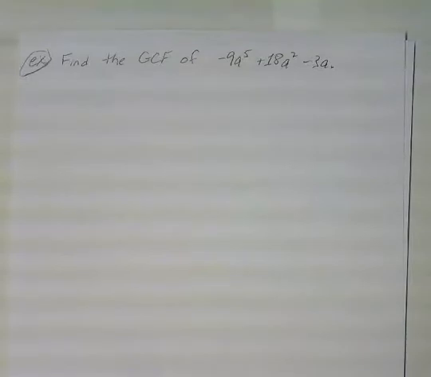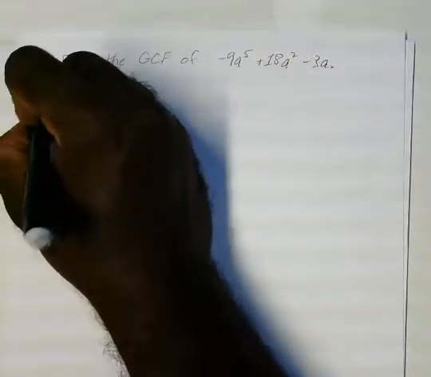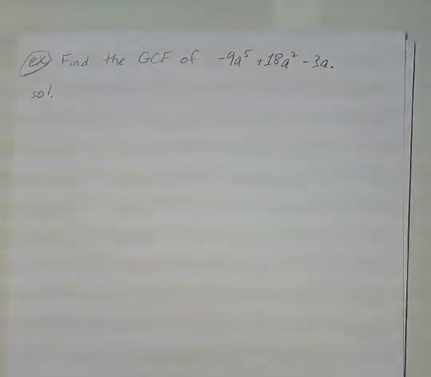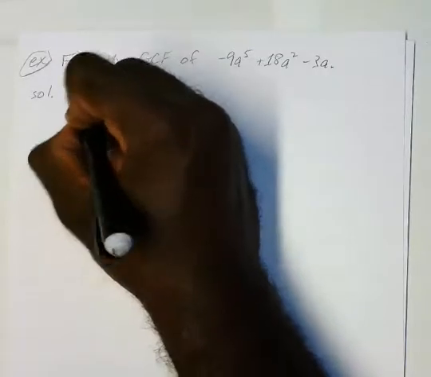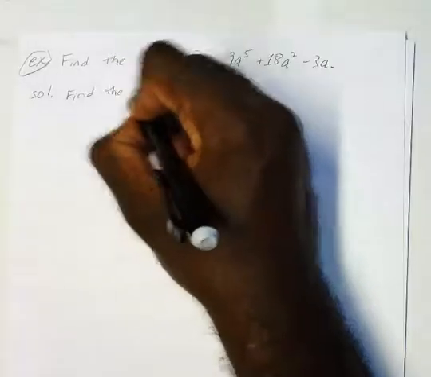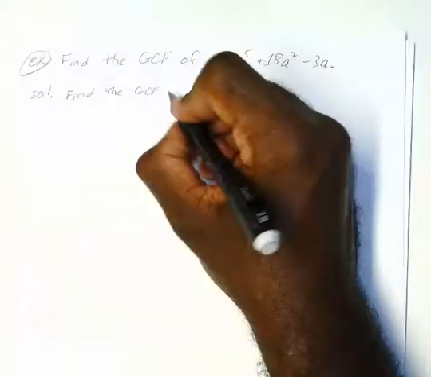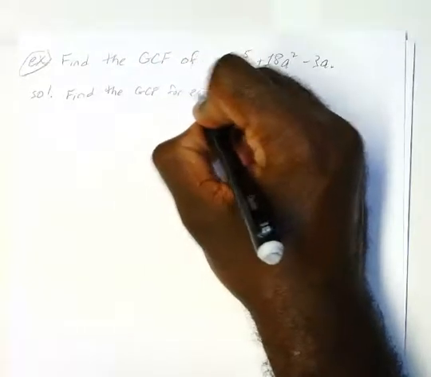Now remember, finding the greatest common factor and factoring the polynomial are two different things. We're just finding the greatest common factor for now. Okay, so we're going to find the greatest common factor for each term.